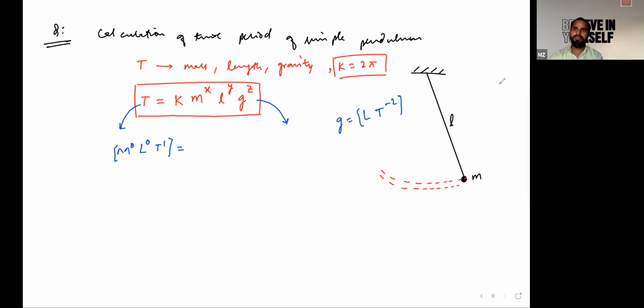Abhinav, check once again. X is correct, okay. Y and Z are wrong. Okay, sir. Good, Riba?